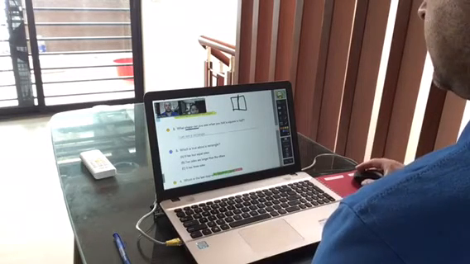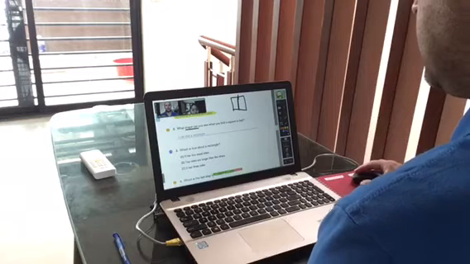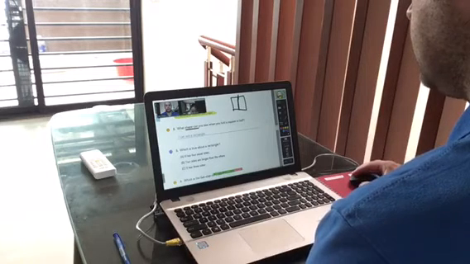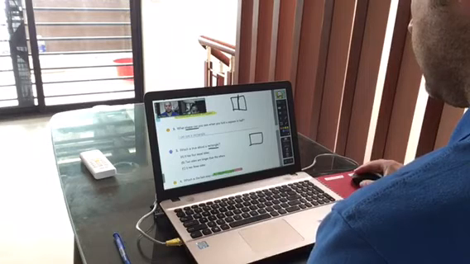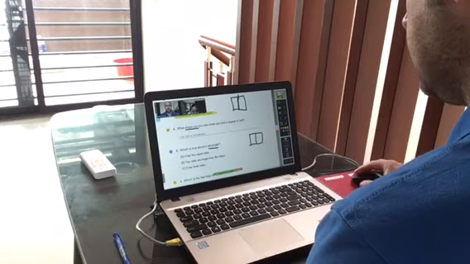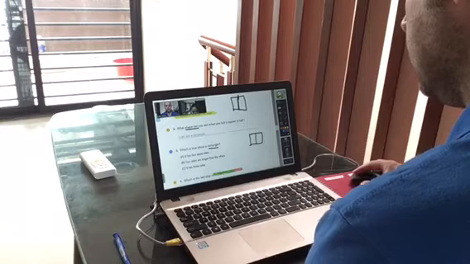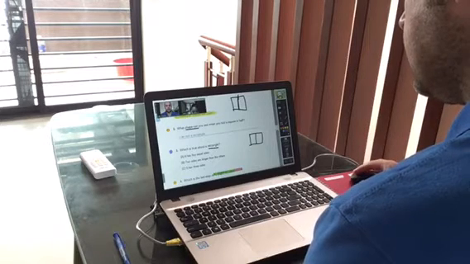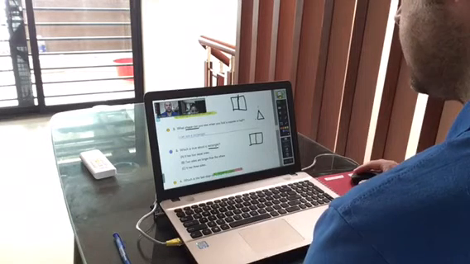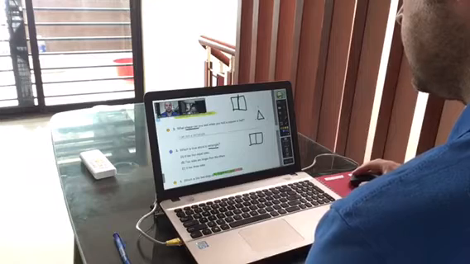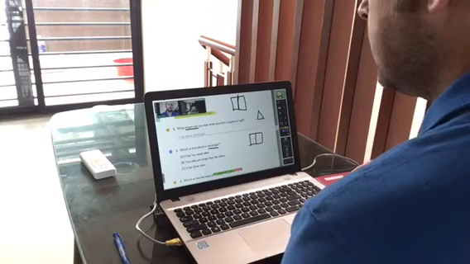I choose C. C, remember, a rectangle looks like this. So this is a rectangle and that is a rectangle. 3 sides is a triangle. That is a triangle with 3 sides. This is a rectangle. So C is incorrect.